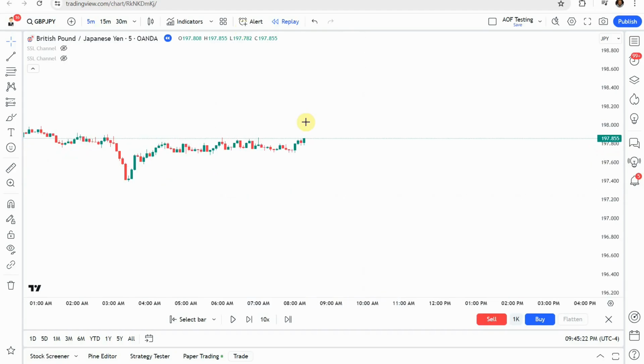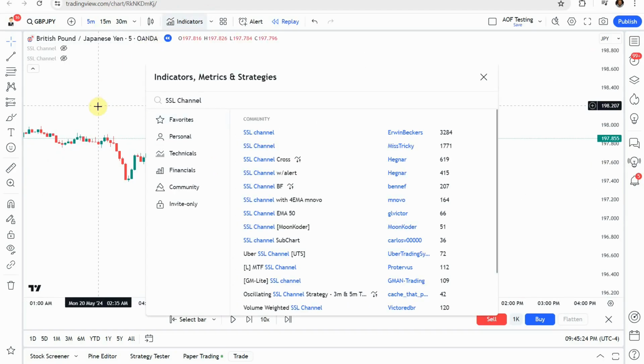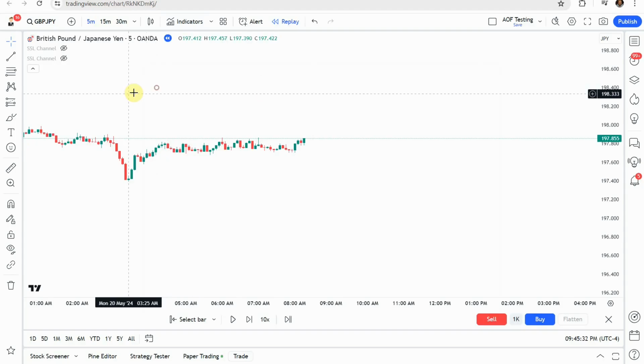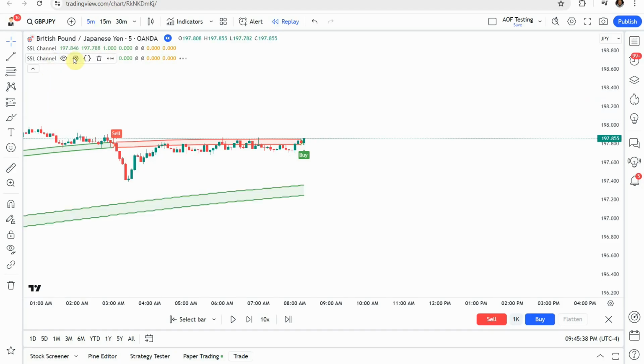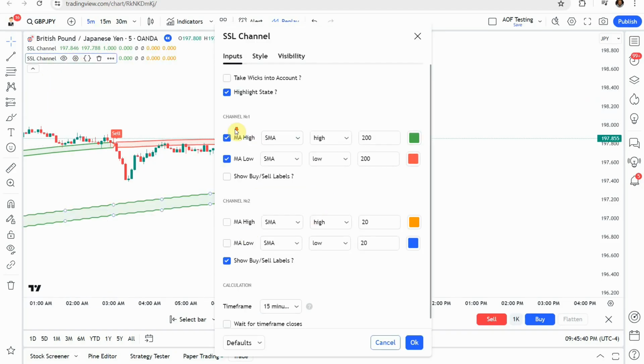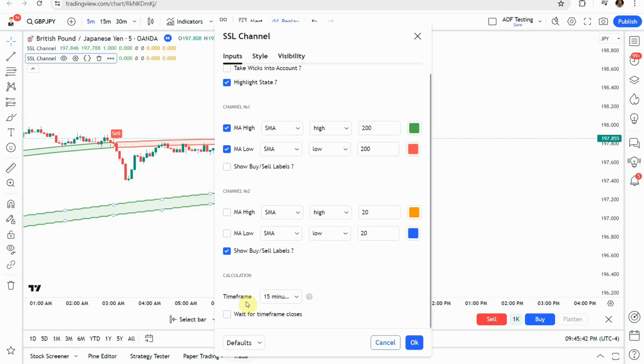And what we're going to do is add the SSL channel. It's going to be this one right here by Miss Tricky. Click that twice to add 2 of them to the chart. The first one will keep on the default settings. The second one, we'll jump into the settings and scroll down to the time frame right here, and we'll turn this to the 15-minute time frame.